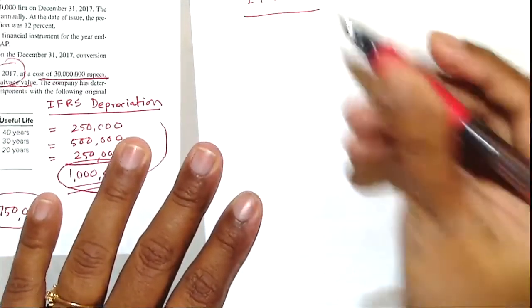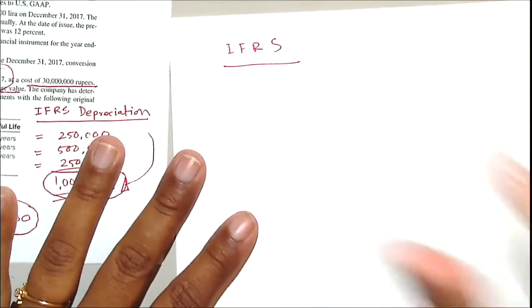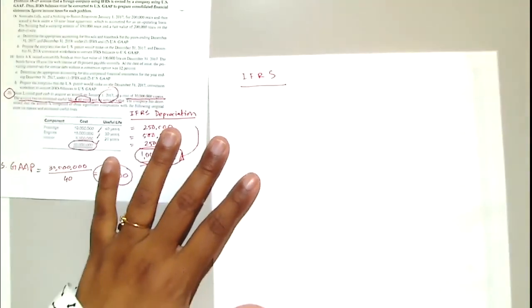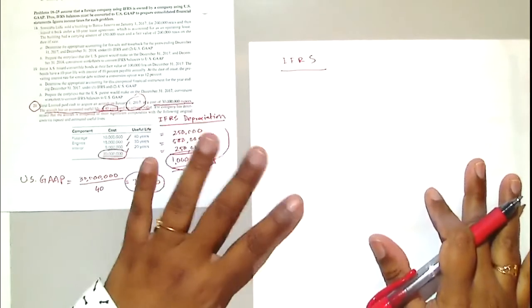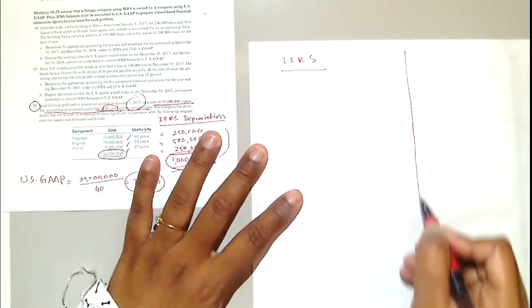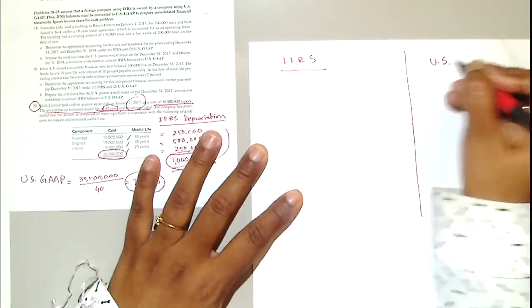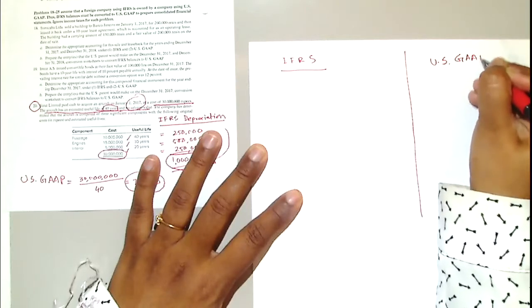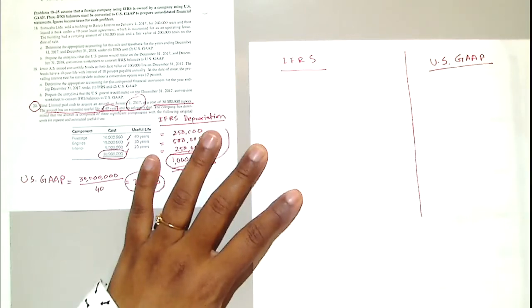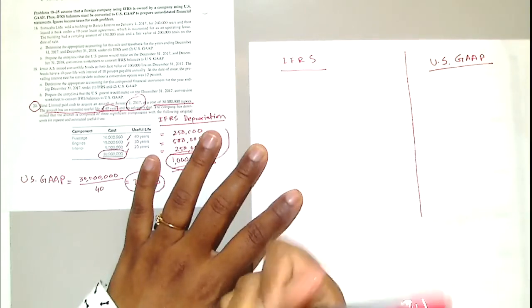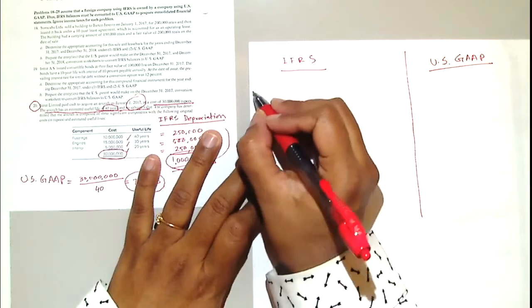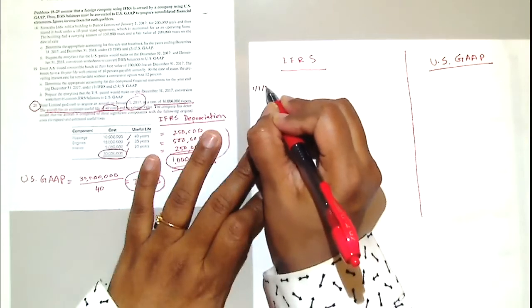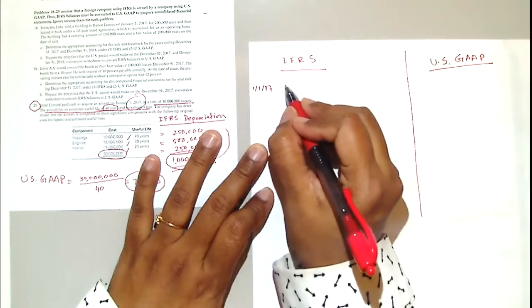Here is IFRS, so that I can show both back to back, and here I'm going to show US GAAP. So first, the journal entry for purchasing the asset, IFRS. On January 1st, 2017, they purchased the asset.